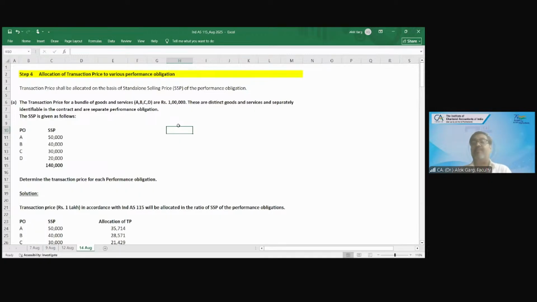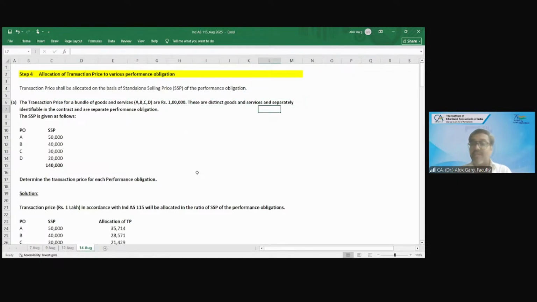of those performance obligations. So friends, the transaction price for a bundle of goods and services, you remember the helicopter view: air conditioner, stabilizer, installation service, 2 maintenance services, the package was given for 1 lakh rupees. So the transaction price for the bundle of goods and services is rupees 1 lakh.